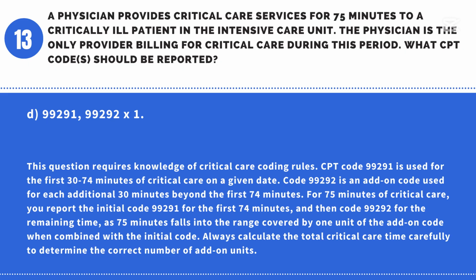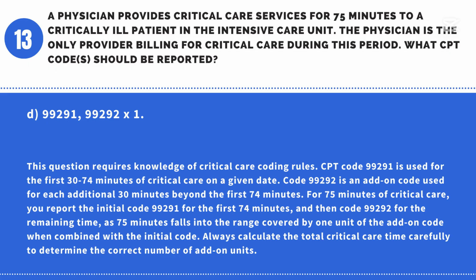Answer: D. 99291, 99292 x1. This question requires knowledge of critical care coding rules. CPT code 99291 is used for the first 30 to 74 minutes of critical care on a given date. Code 99292 is an add-on code used for each additional 30 minutes beyond the first 74 minutes.